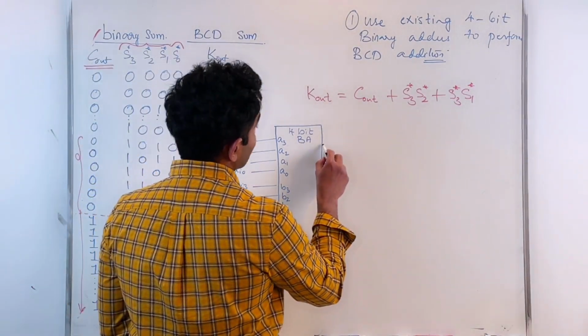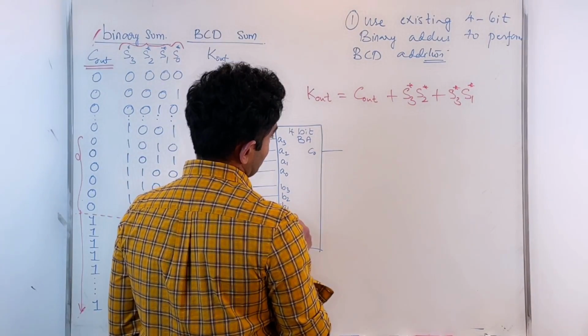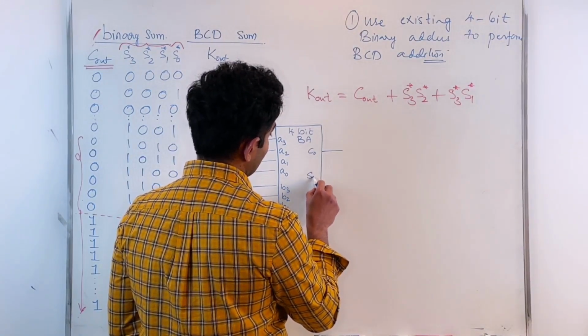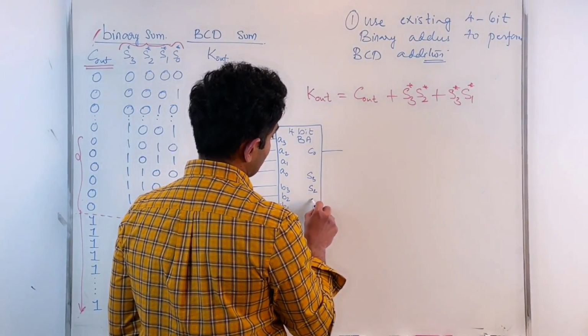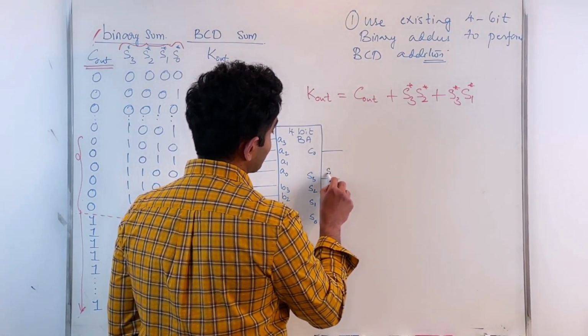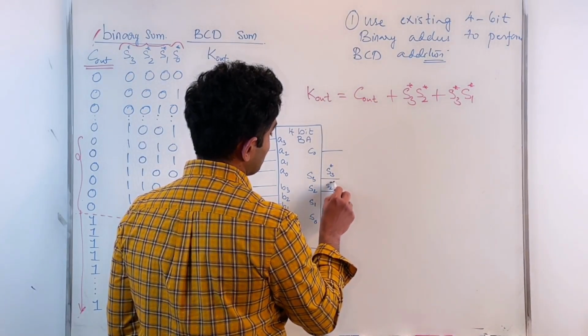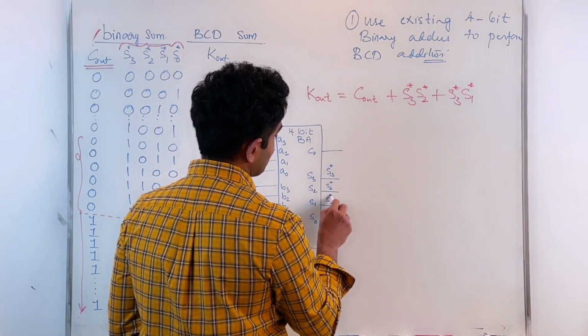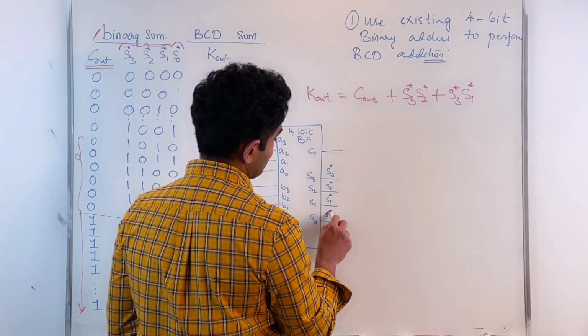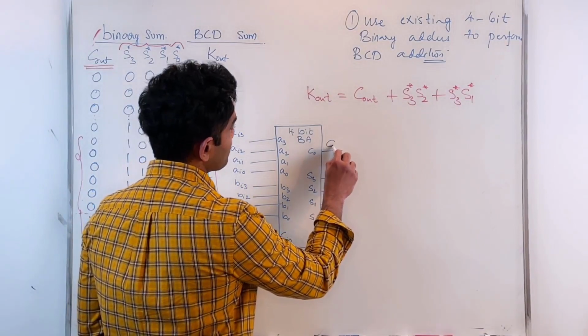And then you have your C out, and S3, S2, S1, S0, which in this case we are calling S3 star, S2 star, S1 star, S0 star. We call this C out.